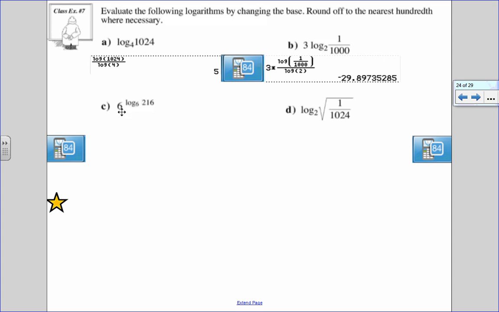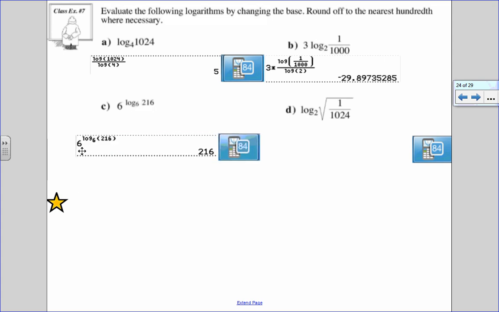Okay, here, 6 to the exponent of log base 6 of 216. So I would enter that in as 6 to the exponent of log base 6 of 216, or using change of base, I could do 6 to the exponent of log of 216 divided by log of 6.